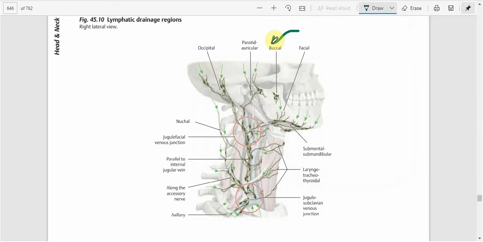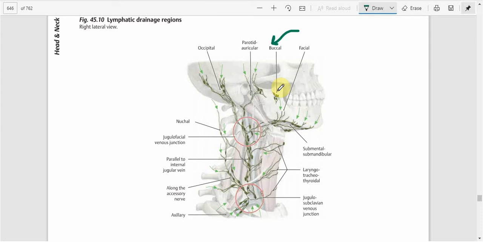over here. The buccal lymph nodes are located over here, over the buccinator. For those of you who have already gone through the muscles of facial expression, you would know that the buccinator is the muscle of the cheek, and this is a superficial group of lymph node.